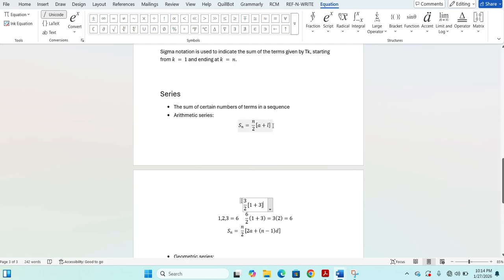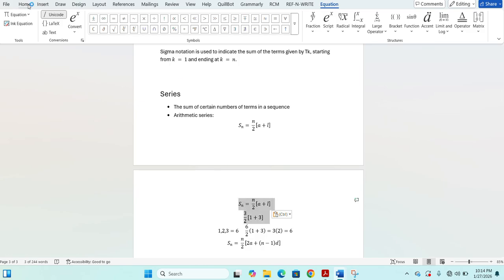Then you can just copy this one and paste this.